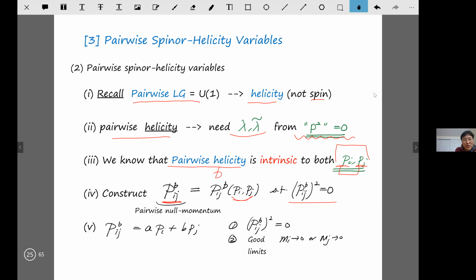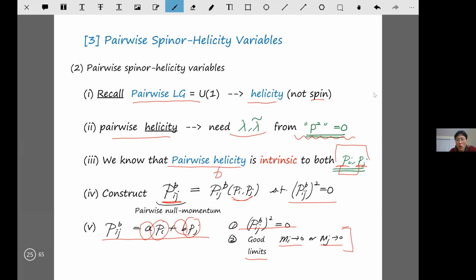We can construct a flat variable such that it is null. In other words, we start with some linear combination of the fermion and monopole momenta, which again can be either massless or massive, and we determine the coefficients such that they are null vectors and admit a nice limiting property as we send the mass of one or both to 0. We want this because eventually we want a formalism which is valid in the fully relativistic situation as well.